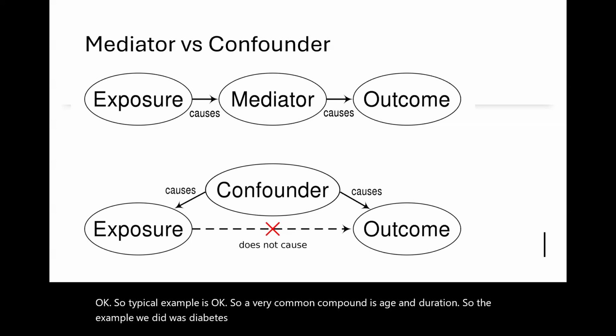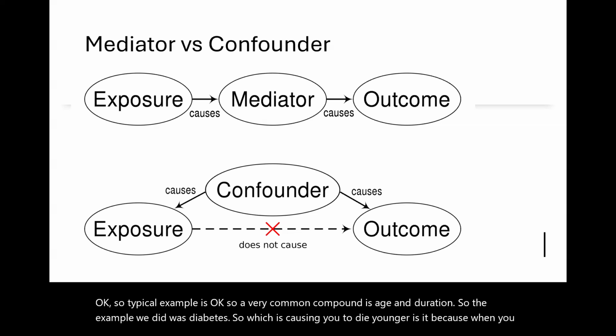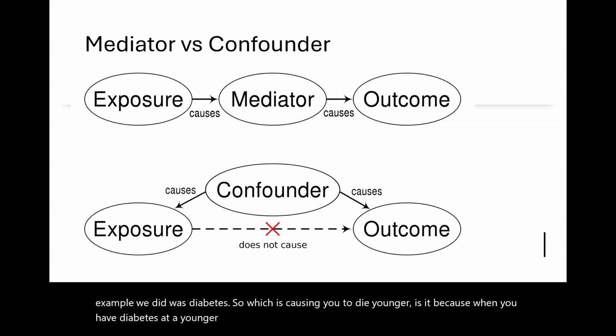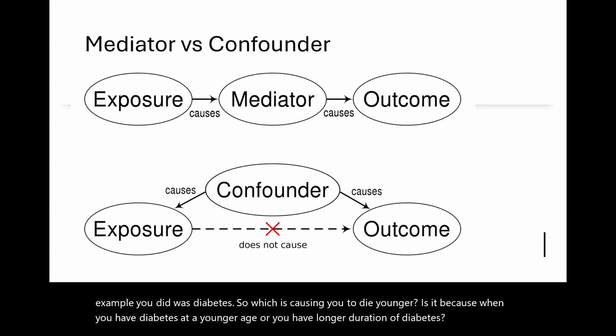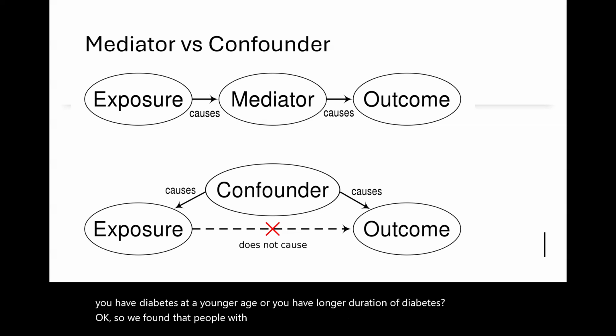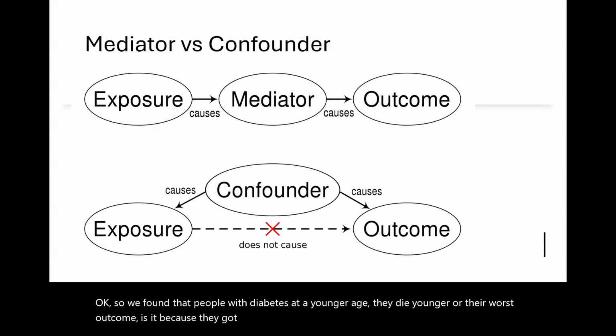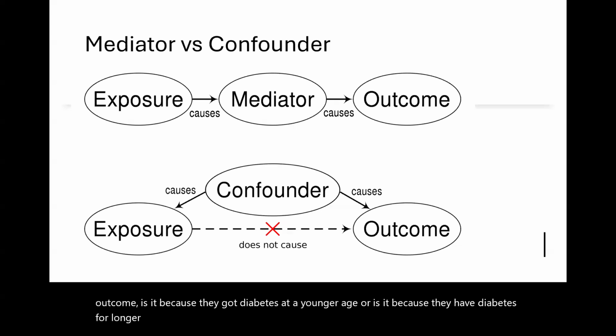Which is causing you to die younger? If we found that people with diabetes at a younger age have worse outcomes, is it because they got diabetes at a younger age, or because they have had diabetes for a longer duration?